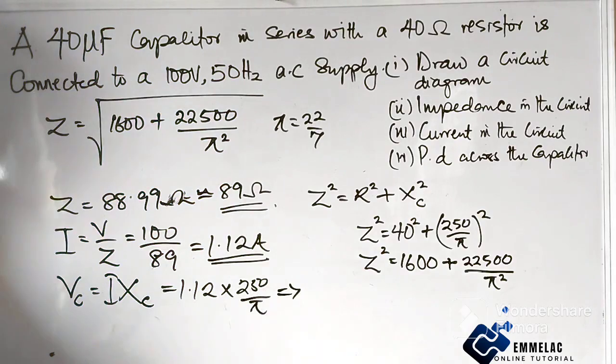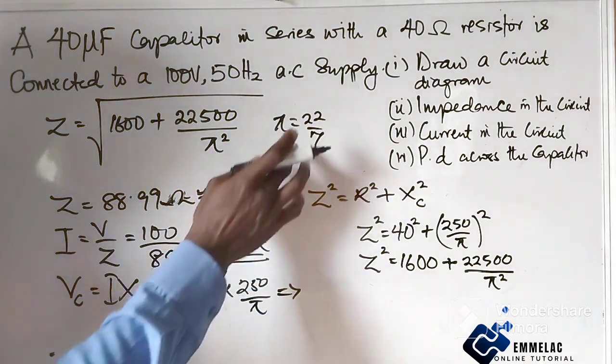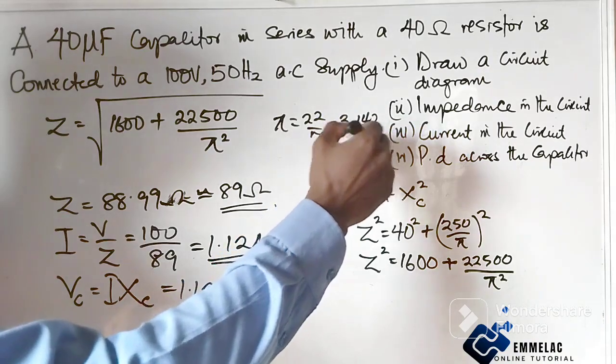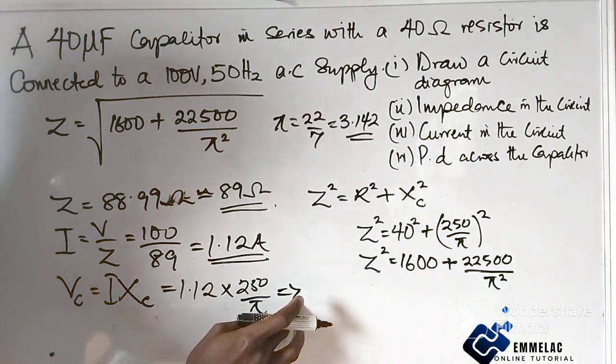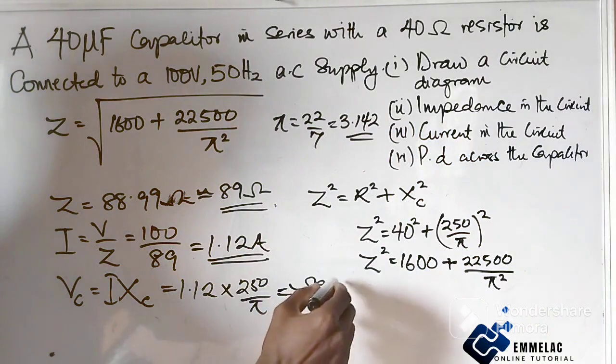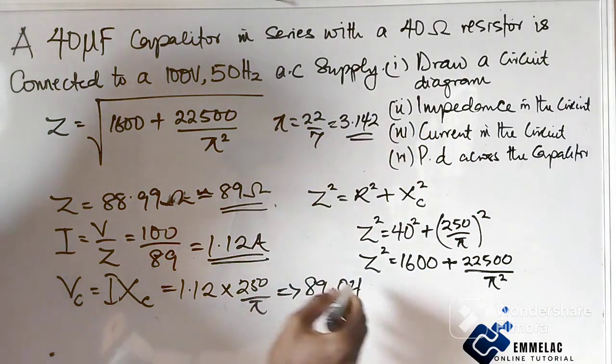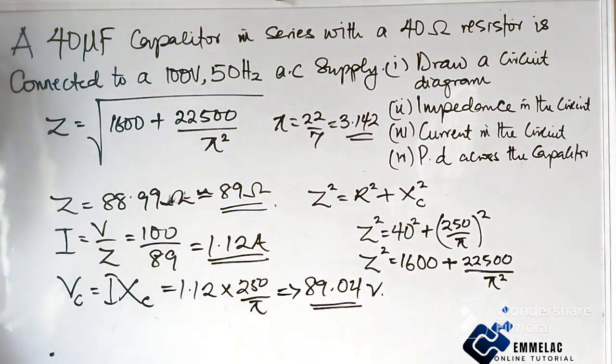All right, now we resolve this with our pi, which is 3.142. So punching our calculator here, we have 89.404 volts. Alright, this is the final answer.